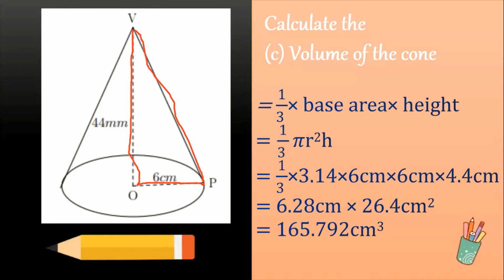I multiplied 6.28 centimeters with 26.4 centimeters squared. I got 165.792 centimeters cubed as the volume of the cone. That's what the question requested.